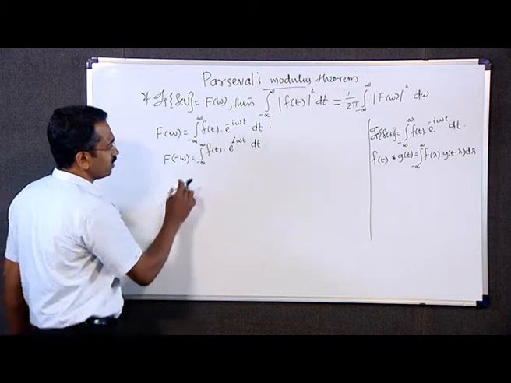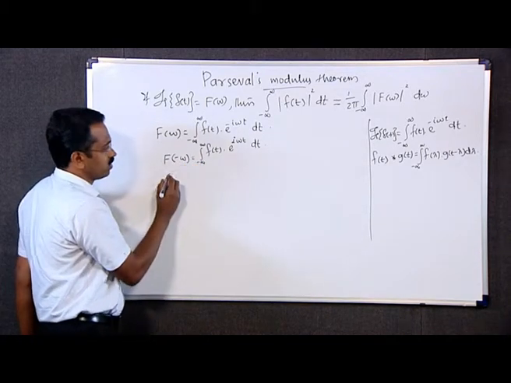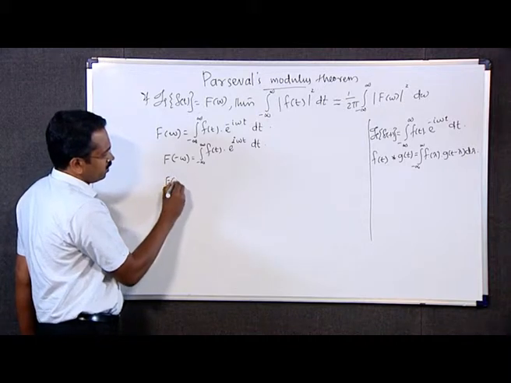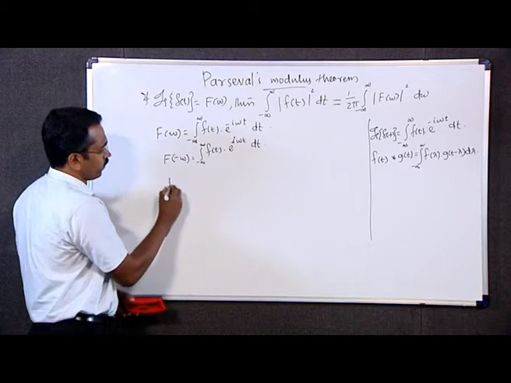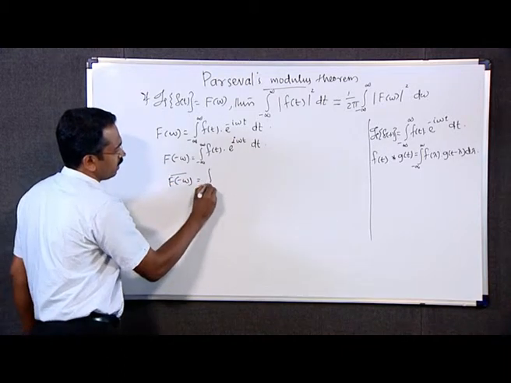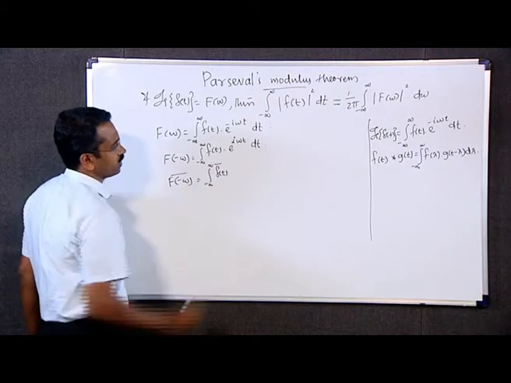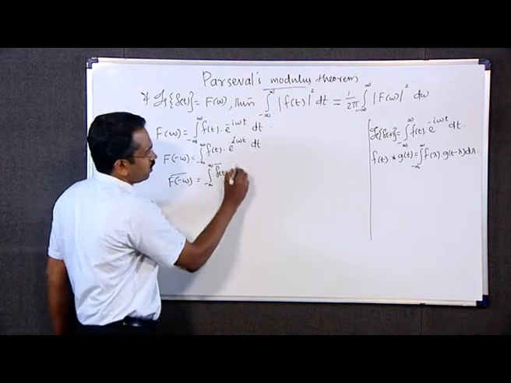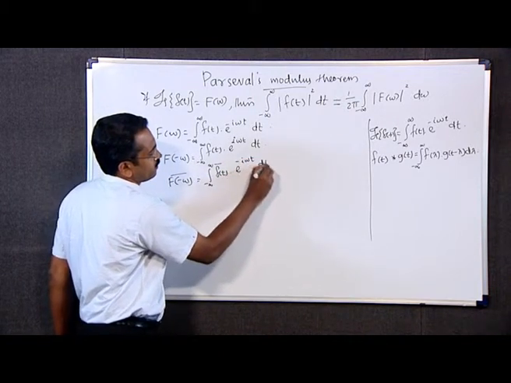Now, we are taking the conjugate on both sides. We get F of minus omega conjugate is equal to integral from minus infinity to infinity f of t conjugate into e raised to minus I omega t dt.